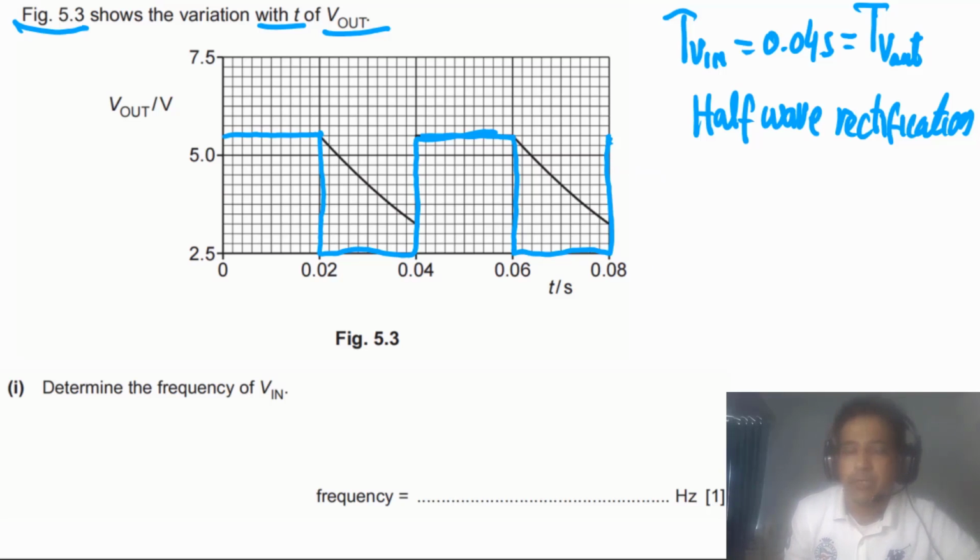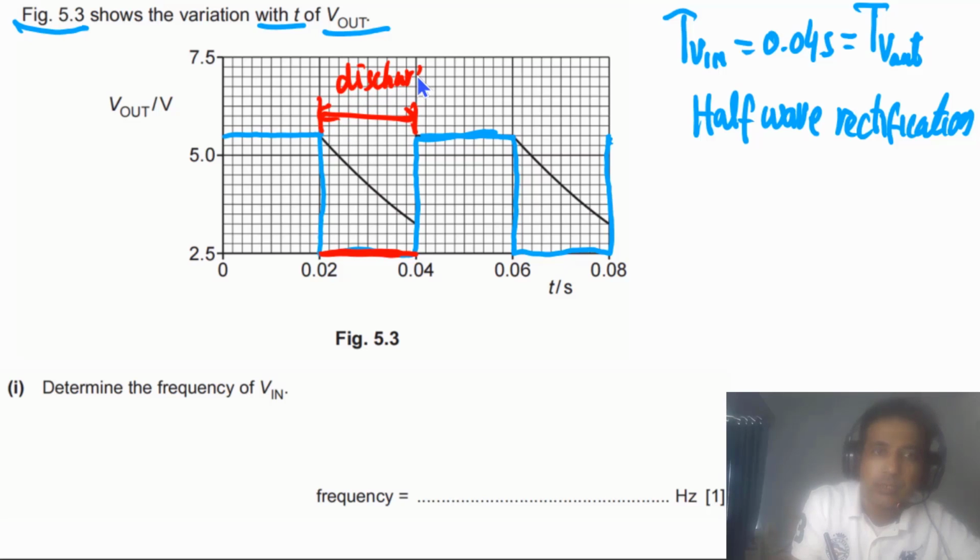In this case we have a capacitor. You can see for this half of the cycle there is no V out, so the capacitor will start discharging. In this interval of time our capacitor will discharge. You need to understand here the capacitor is discharging. And from this point to this point the capacitor is charging.